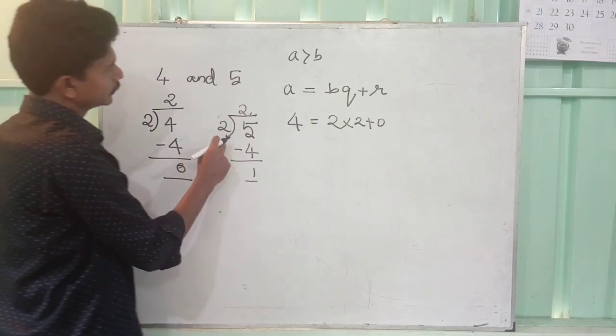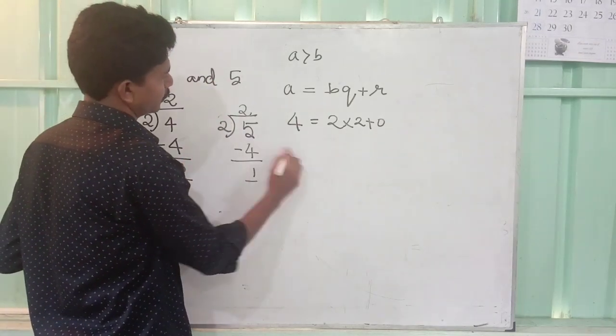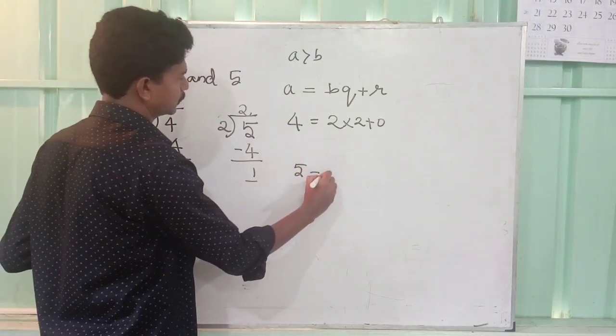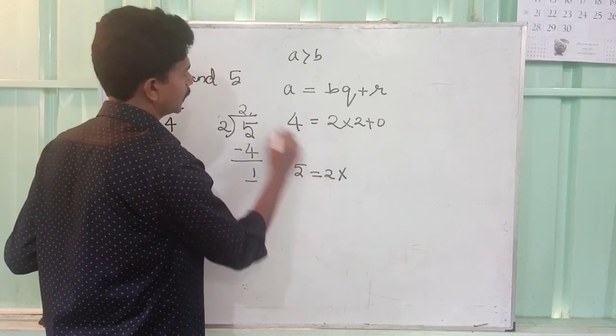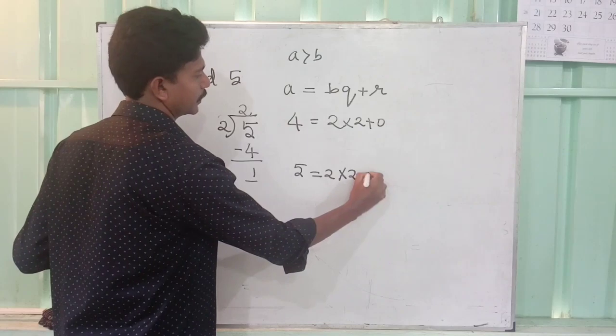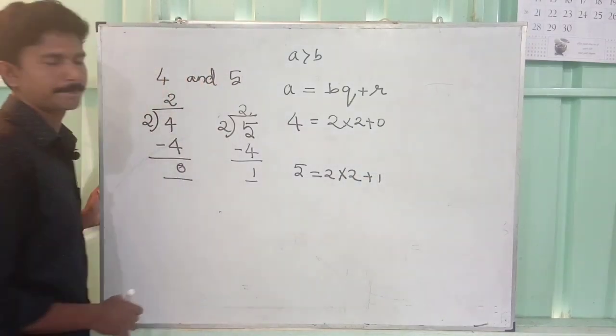And if you take A as 5, the divisor is 2, the quotient is also 2, plus the remainder is 1.